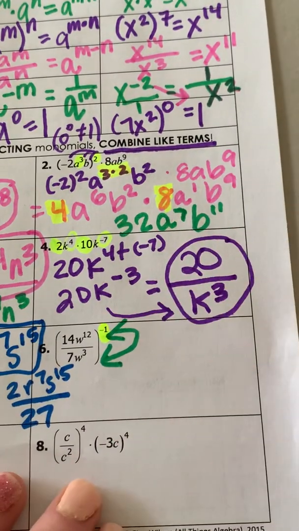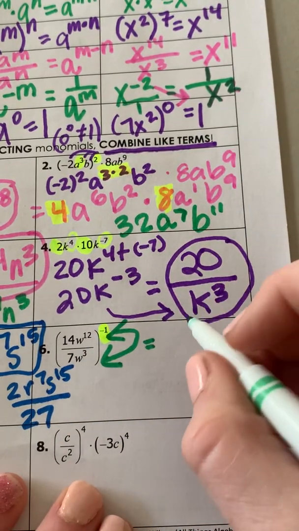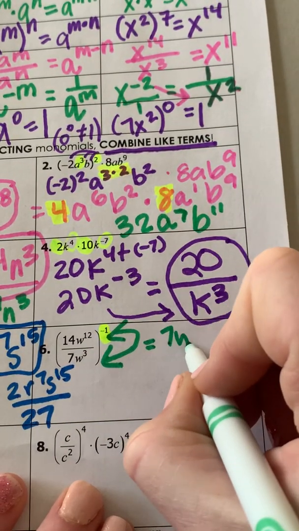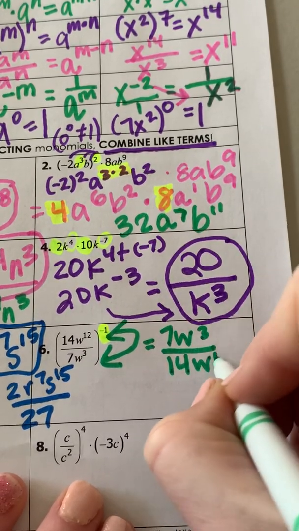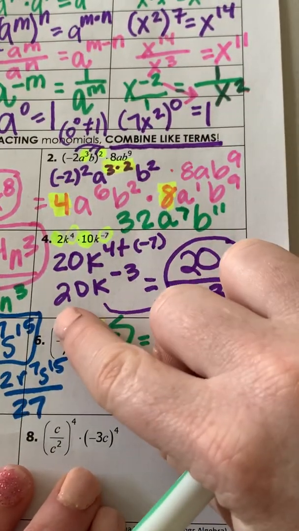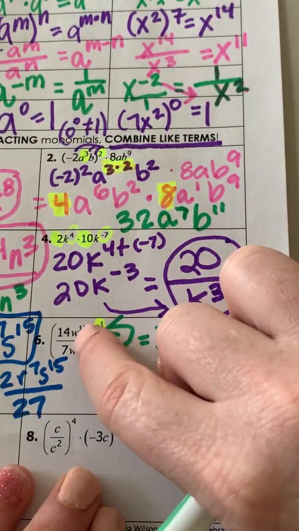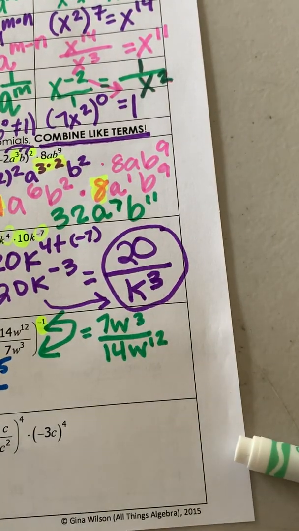I mean, I'll have it flipped, but the -1 will go away. So this is equivalent to saying 7w to the 3rd over 14w to the 12th. And that way, I don't have to distribute the negative to everything, okay? So let's do that first.